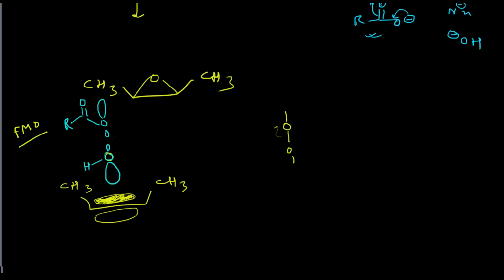So this is our peracid, RCO3H. This lobe has to be in similar phase with that of the HOMO of this pi orbital.